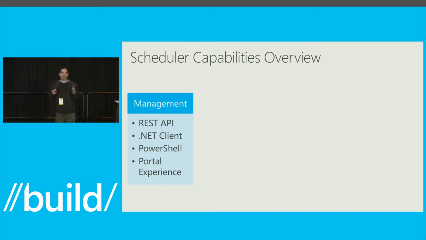That .NET client is in WAML 1.0 that's been released today or tomorrow. And then on top of the .NET client, we have both PowerShell and a portal experience. As you go up that stack, we have a curtailed experience, trying to make sure that we're providing the best experience for the type of interface that you're using. But at any time, if you want to get to the raw interface, the REST API always has the widest span of capabilities.